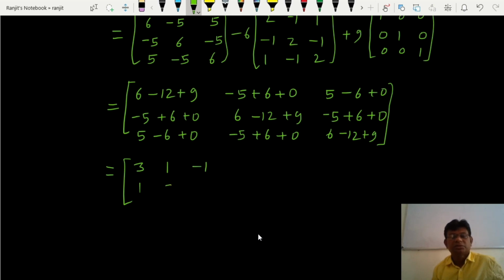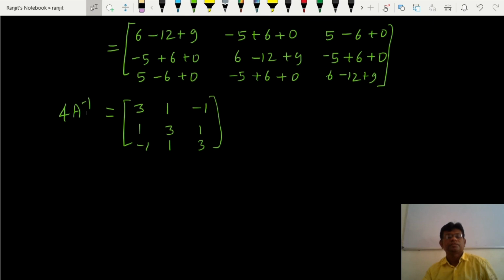Again here 3, 1, minus 1, 1. So this is the 4 times A inverse.